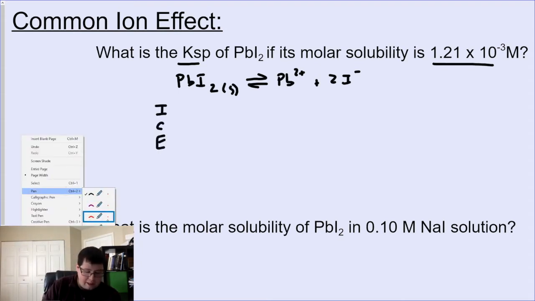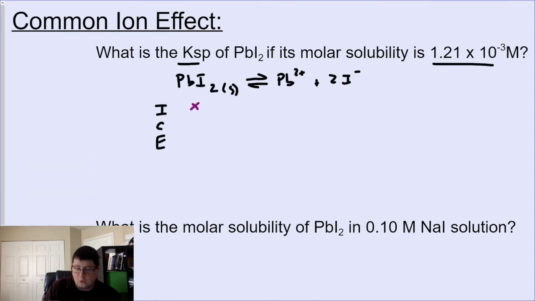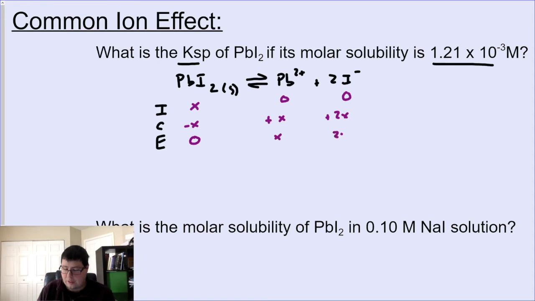And we know that for that lead iodide, there's going to be some molar solubility x that will break up to form 0 at equilibrium, where these two ions start at 0. They're going to add x and 2x because we get 2 iodines for every lead, to give us equilibrium concentrations of x and 2x.